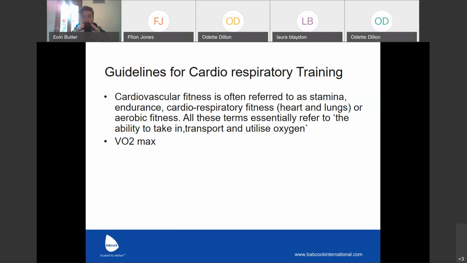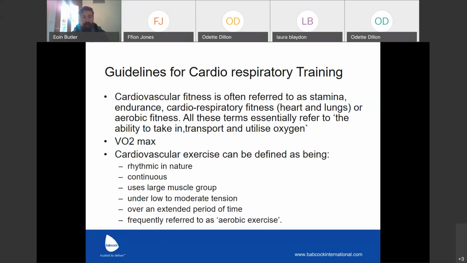To improve our respiratory system, it's about being able to utilize more oxygen. Cardiovascular exercise can be defined as being rhythmic in nature, continuous, uses large muscle groups under low to moderate tension over an extended period of time, and frequently referred to as aerobic exercise. Aerobic meaning with oxygen.